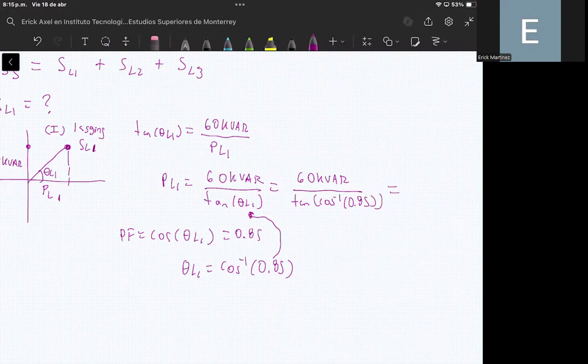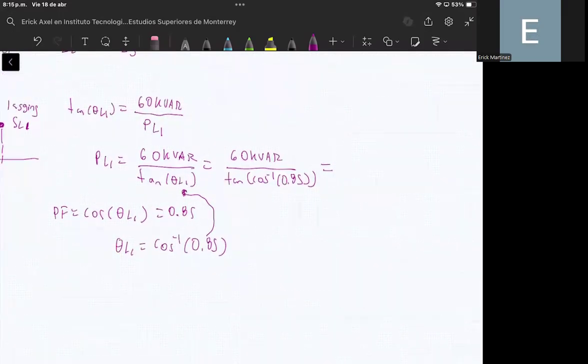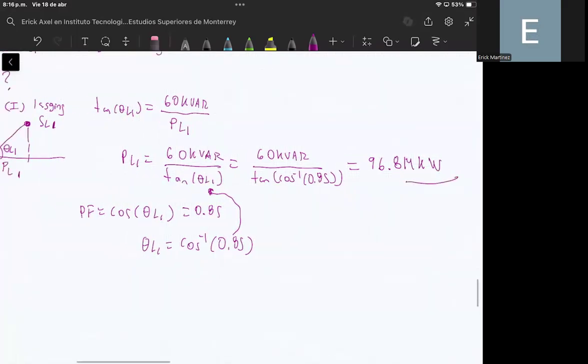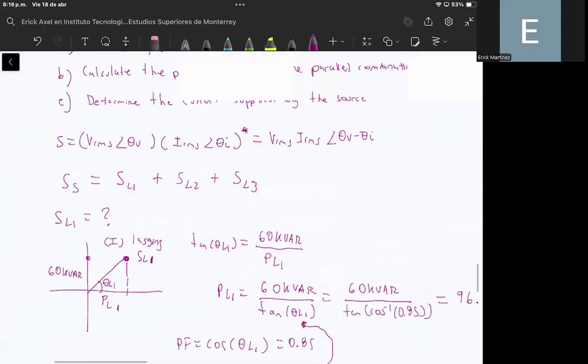The result of this operation to compute the average power should be equal to 96.814 kilowatts.